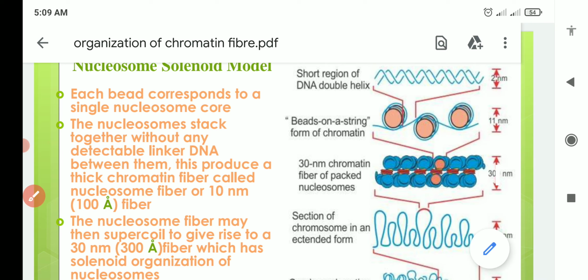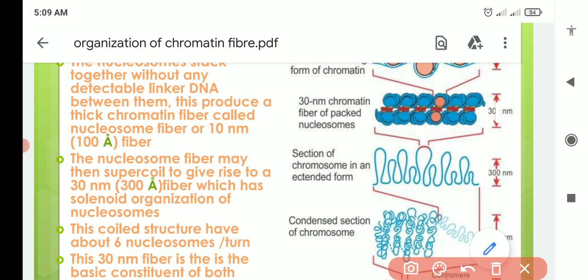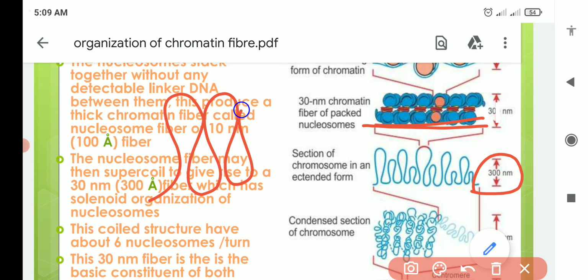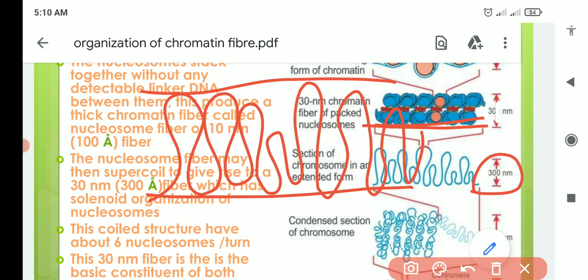After that, this chromatin fiber will form the basic structure of the chromosome. Ultimately it will be further supercoiled to 300 nanometer diameter. This chromatin fiber will be arranged in loops. So ultimately the width will be increased and the length will be decreased.